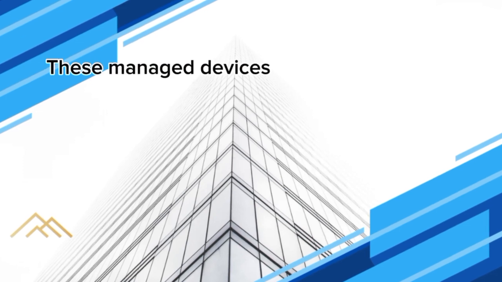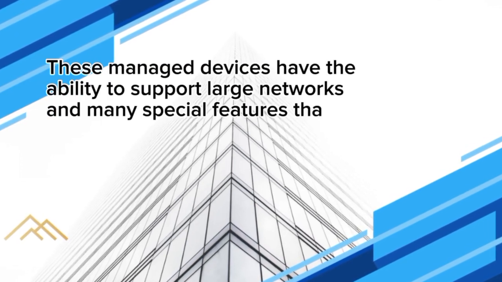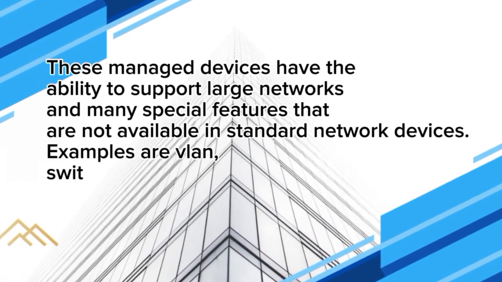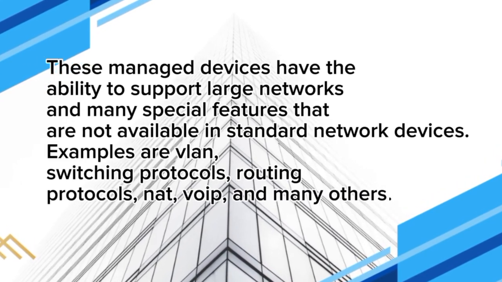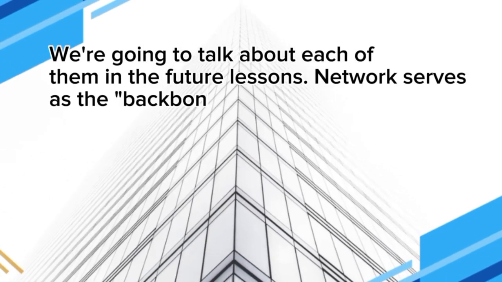These managed devices have the ability to support large networks and many special features that are not available in standard network devices. Examples are VLAN, switching protocols, routing protocols, NAT, VoIP, and many others. We are going to talk about each of them in future lessons.